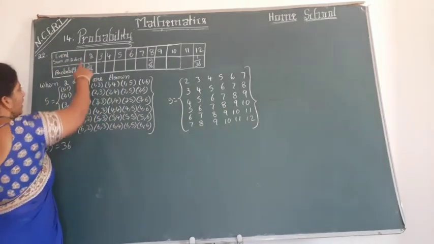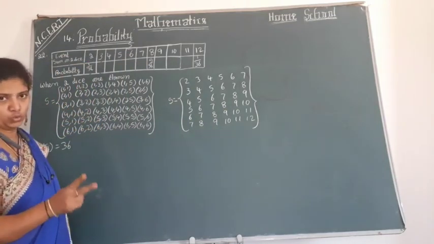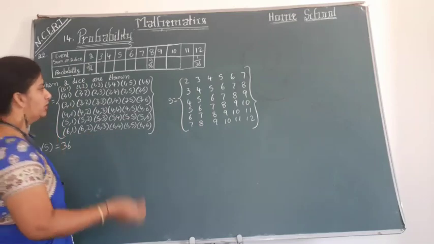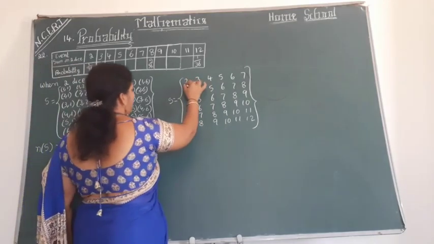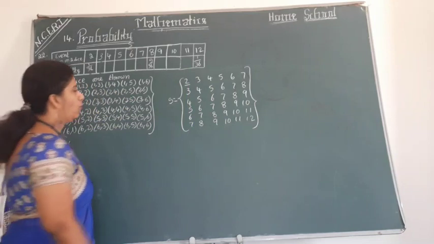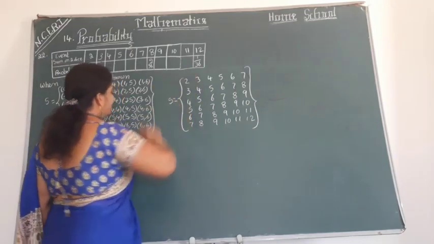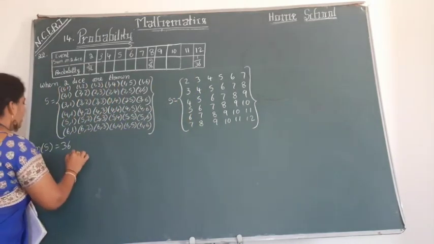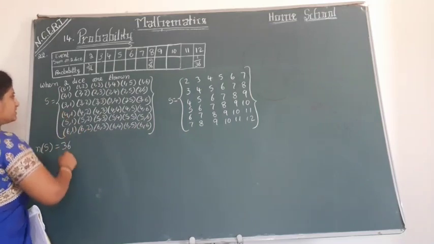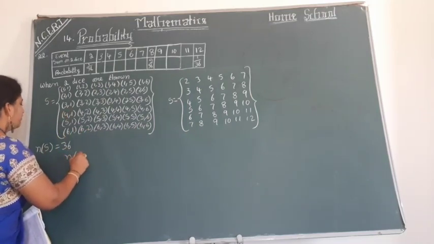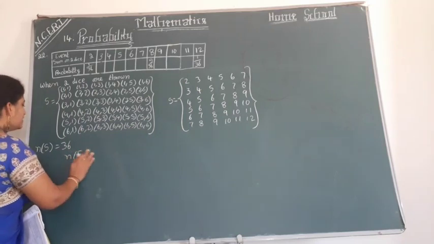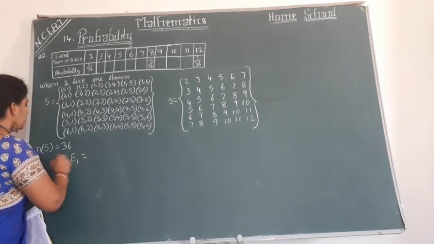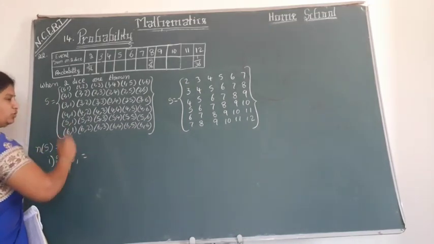First one. What is the event of getting 2 when 2 dice are thrown? You can see only at one place we can see 2. What is your chance of that event happening? Let E1 be the event of getting 2.